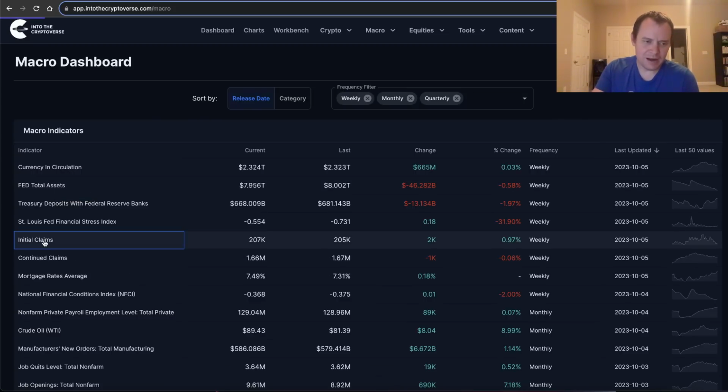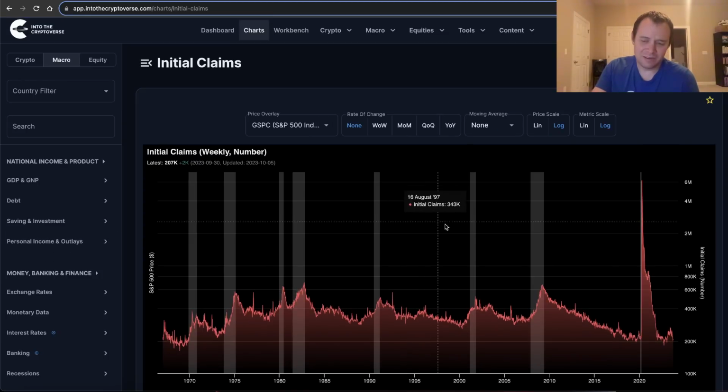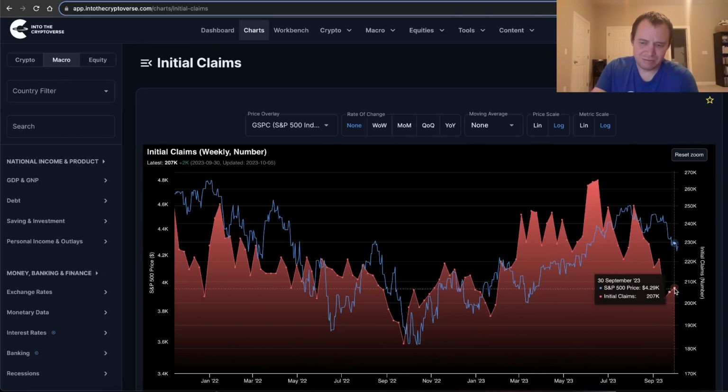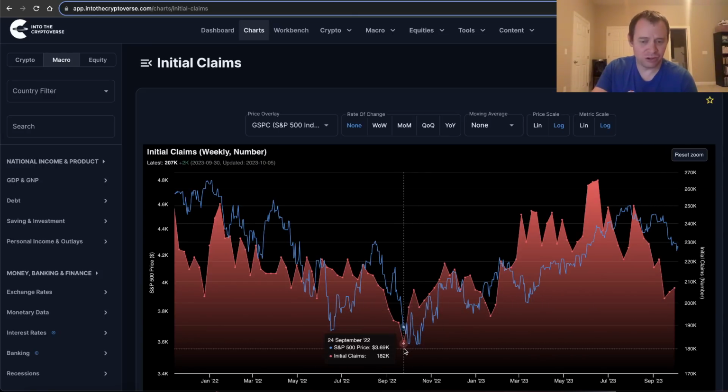Initial claims, right? That's something we've tracked, and that's the reason why it's not really recessionary territory just yet, because initial claims are all the way down here. I will caution you that last year, initial claims bottomed out in September. And so far, initial claims have bottomed out in September, but we'll see if it continues to go up or not. It has gone up the last couple of weeks, but that is something to look at.